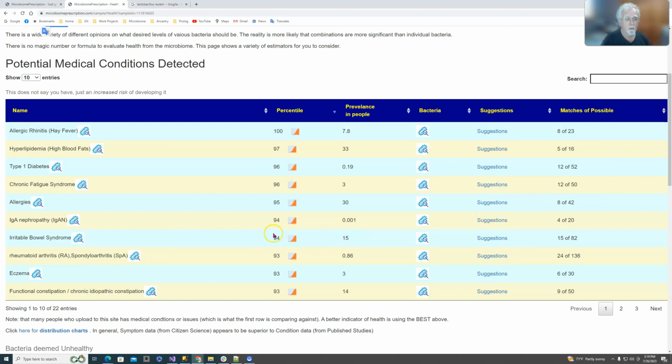Allergies is the same thing. Number one, which is a high percentile, but very rarely occurs, so I would dismiss it. Irritable bowel syndrome is very often comorbid with chronic fatigue syndrome. Rheumatoid arthritis tends to develop there, and it occurs in about 1%, 693.